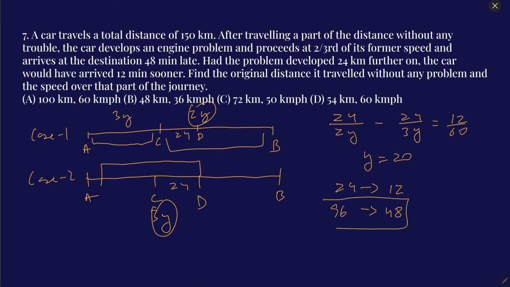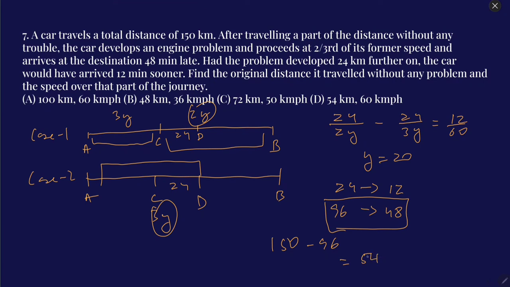So the distance for which the car traveled at its problem speed, which is 2y, is 96 kilometers, and the total distance is 150 kilometers. So the distance for which the car traveled without any problem is going to be 150 minus 96, which is going to be 54 kilometers.